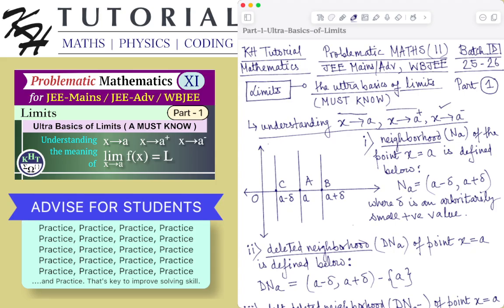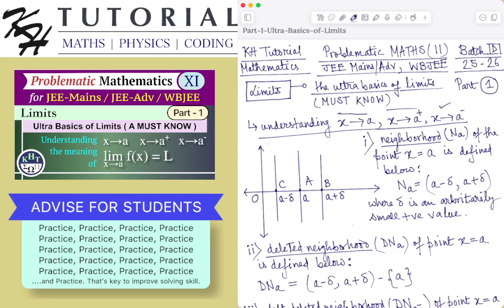Before that, a few things we must understand. The first thing is what is meant by the neighborhood of a point x equals a. This is all about functions, that is f(x). The values of x are along the x axis and f(x) is along the y axis.